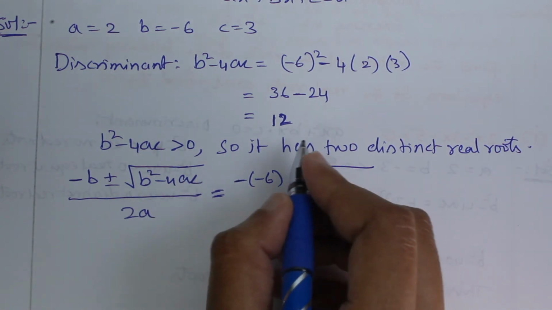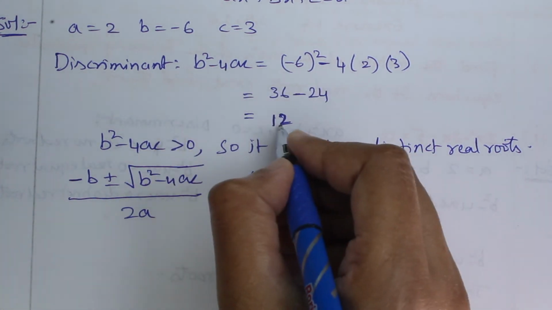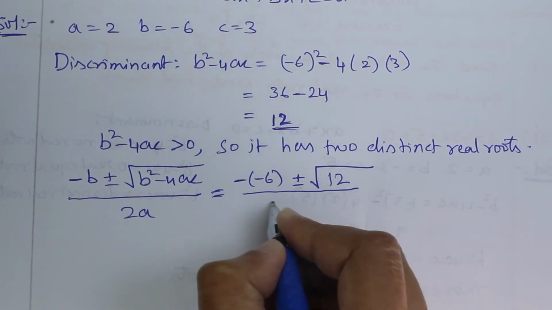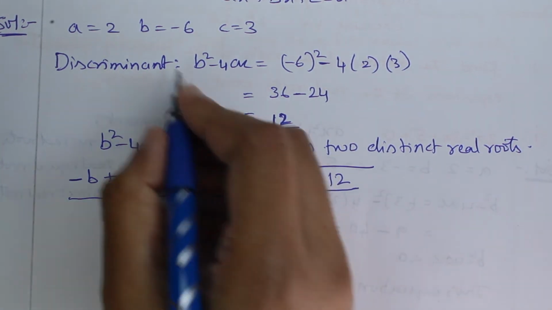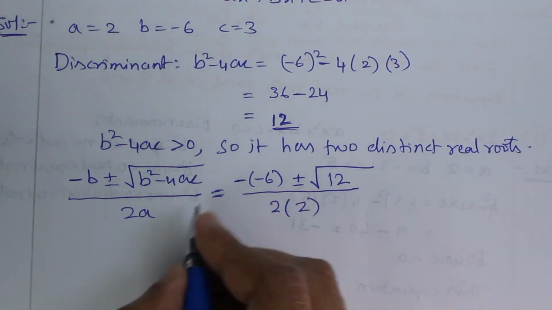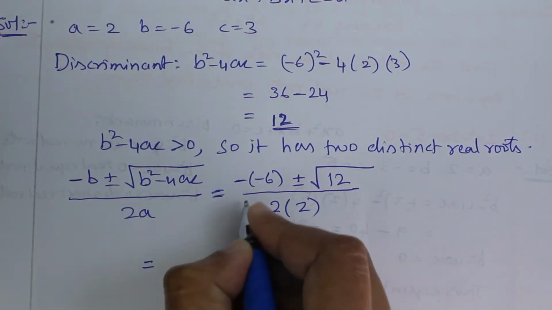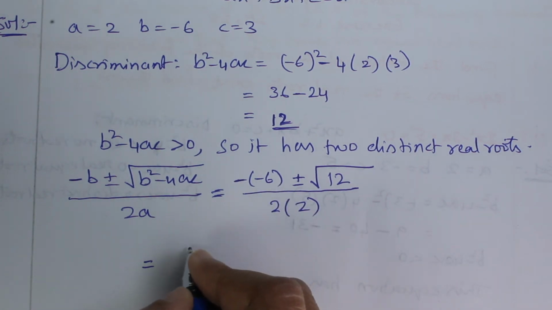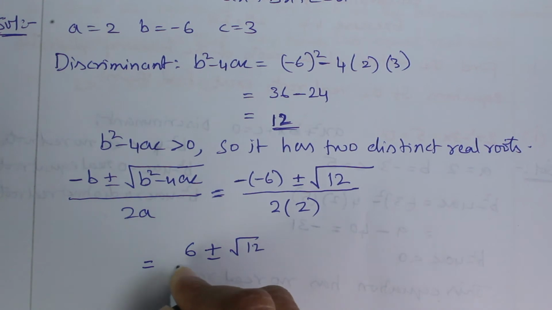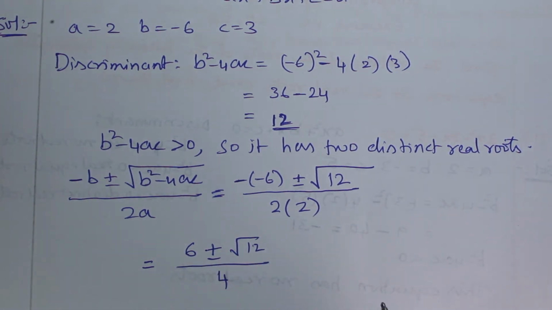Just now we have found out that b square minus 4ac is 12. 12 divided by 2 into a is 2. Okay. Now this is equal to minus of minus 6 is plus 6. 6 plus or minus square root of 12 divided by 4.